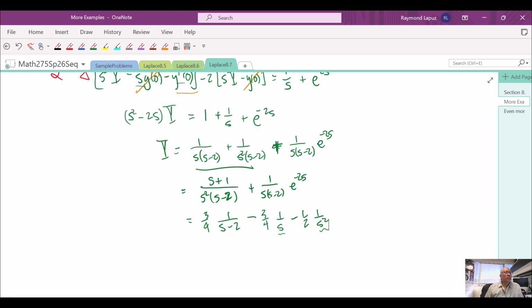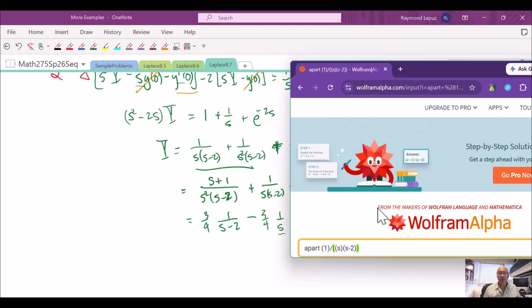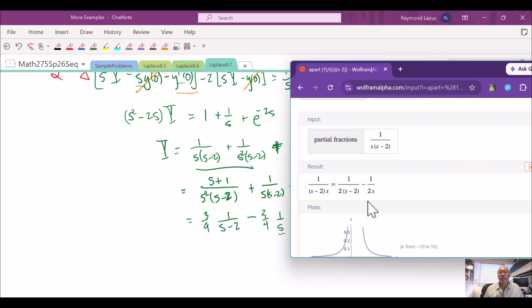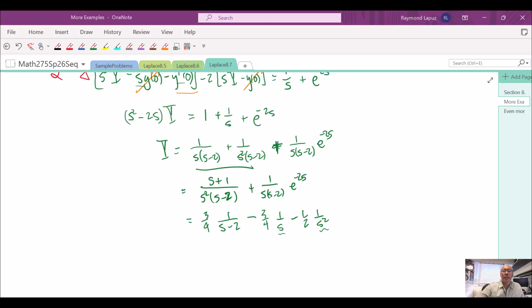Now, let's quickly do the next one. So the fraction is just going to be a 1 in the numerator, and then an s times s minus 2 in the denominator. And we're going to get 1/2, well, I'll just write it out here.